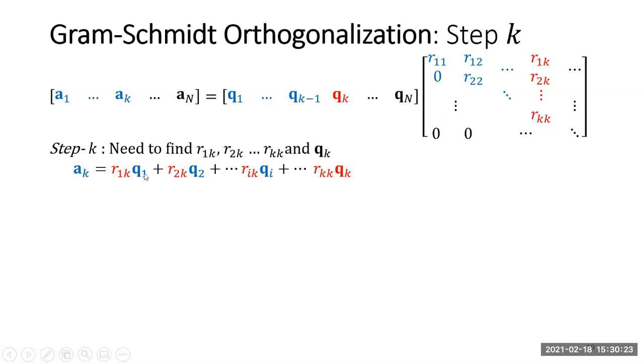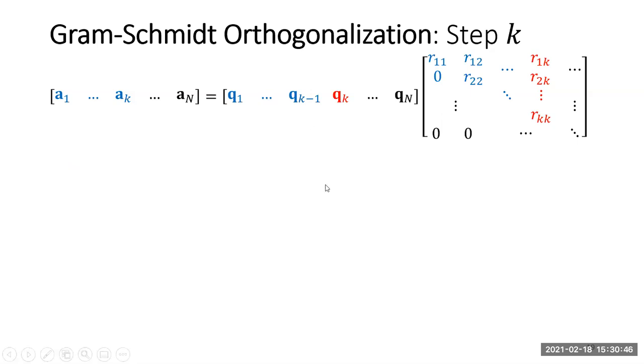So Qi transpose Q1 will be 0, assuming i is not equal to 1. Likewise, Qi transpose Q2 will be equal to 0, right? Qk is unknown, right? But we know that Qk will be orthogonal to Qi.